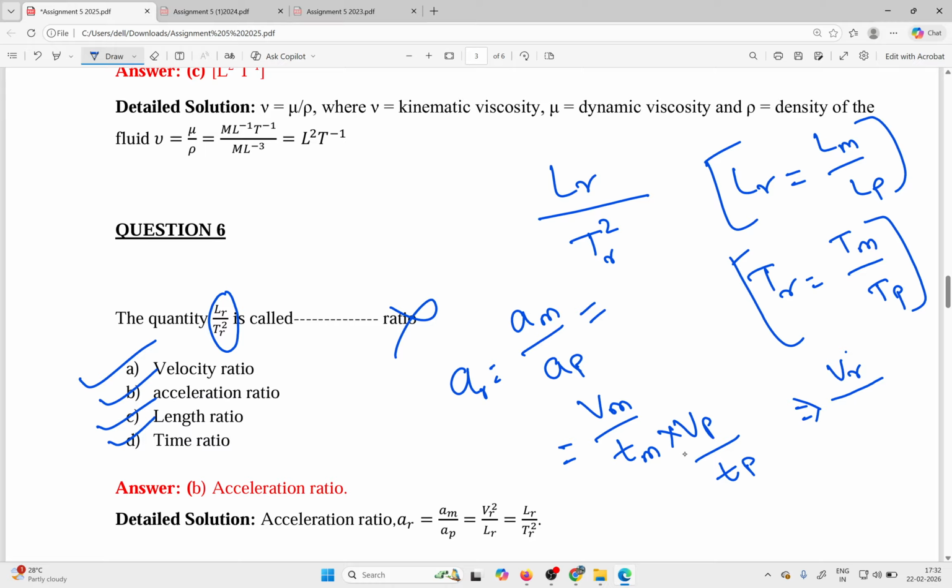Acceleration is nothing but velocity over time, so in terms of V you are writing, there is no need to write the square here. Okay, let me just go through. So VR, and for TM divided by TP, you can write very clearly here the TR, for your acceleration ratio.